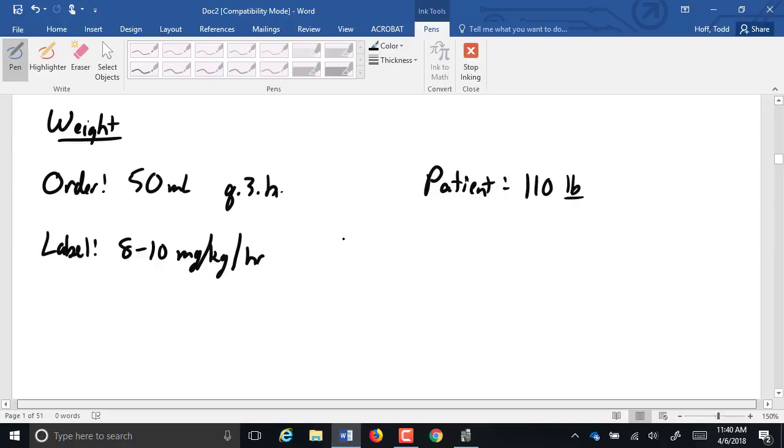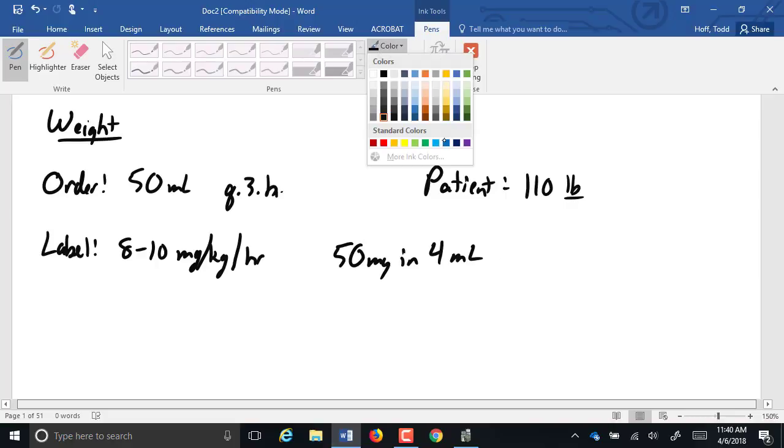And it also is constituted at 50 milligrams in 4 milliliters. So let's see if this is a safe dose.